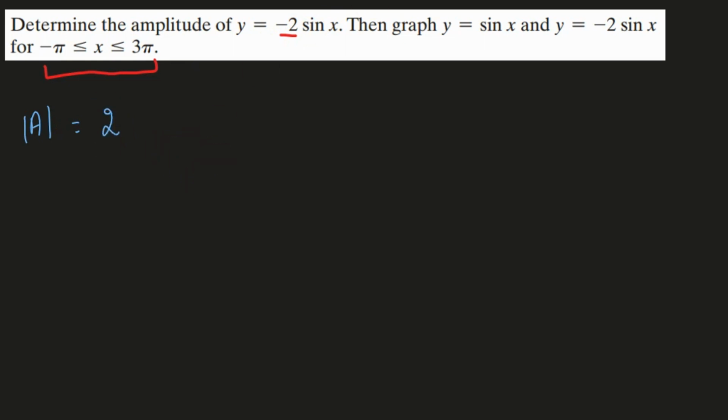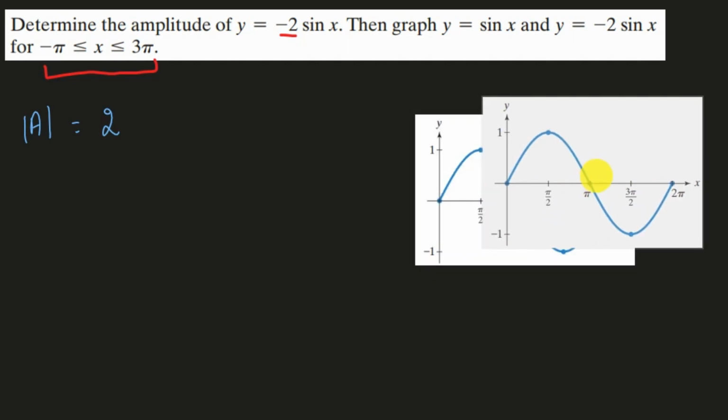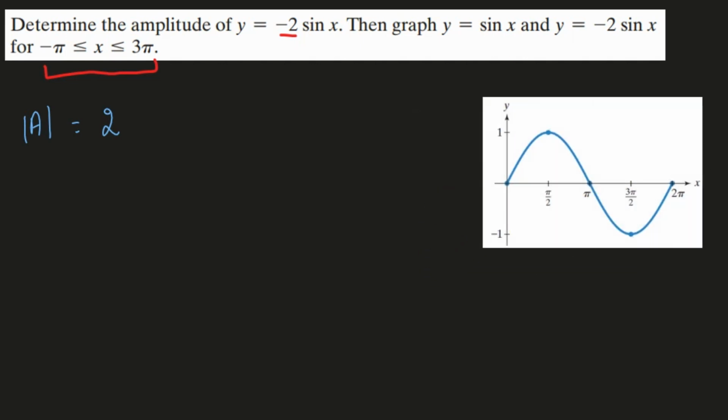Now the graph for y equals sine x is pretty simple, and we have already drawn it. So I'm taking it directly. This is y equals sine x. Now we have to graph y equals minus 2 sine x.